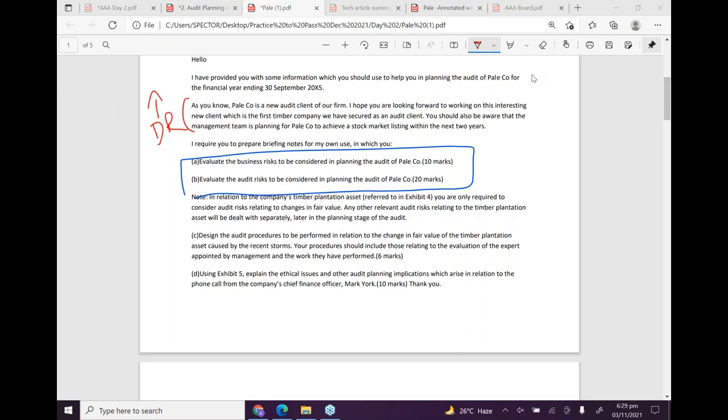Plus, there is a risk that your opening balances could be under overstated. Afan, I'm reading your answer now.